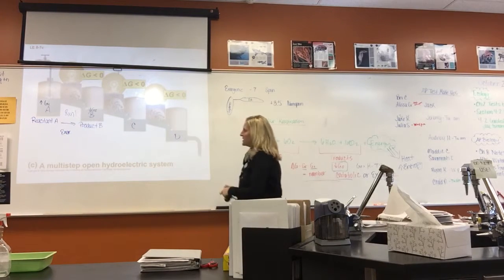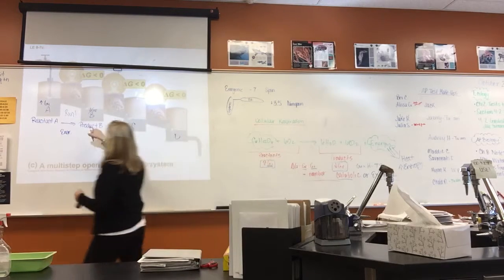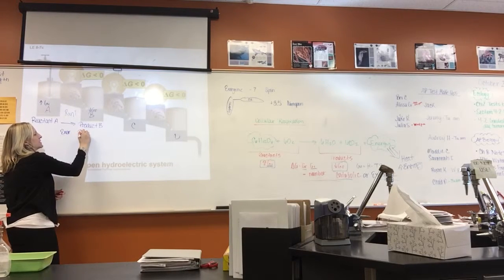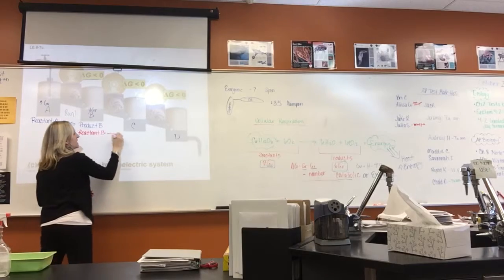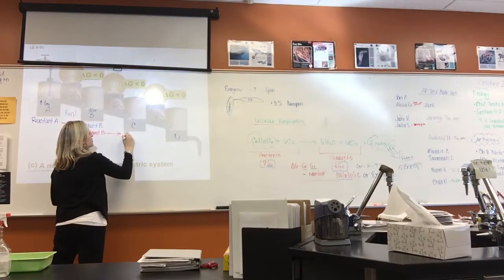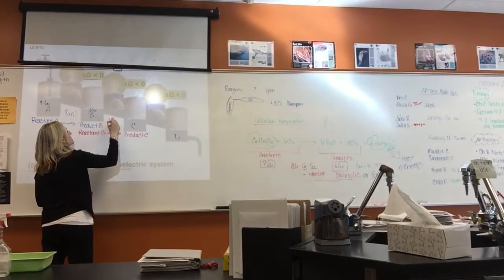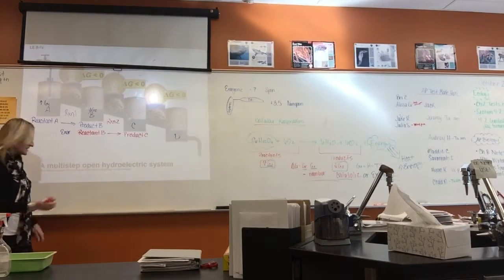Then what happens in our cells is now reaction number 2 occurs. Product B, the product of the first reaction, becomes the reactant of the next reaction. So reactant B gets converted to product C. This is reaction 2. Is this reaction exergonic? Yes, it is.